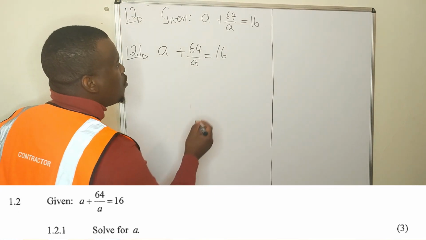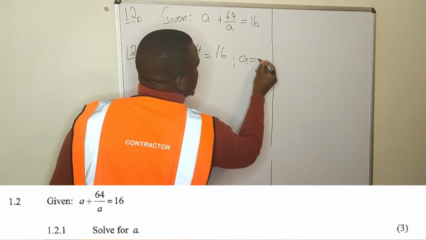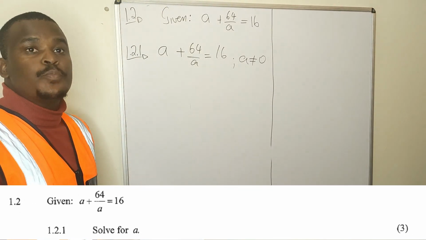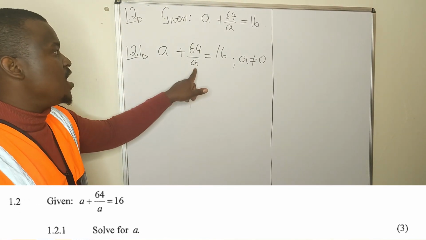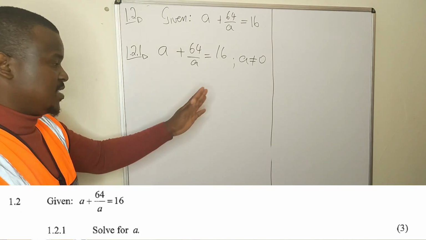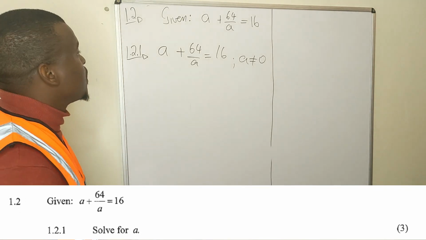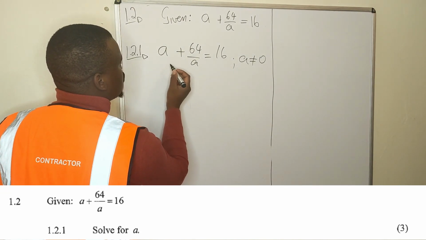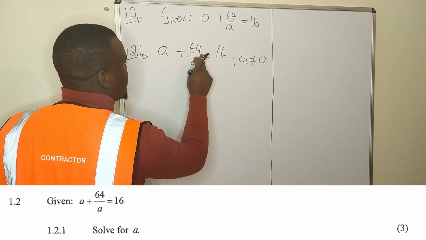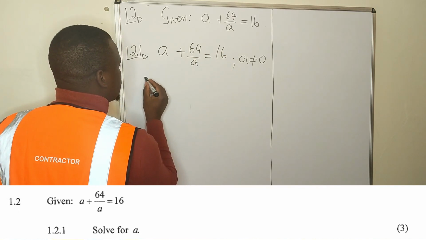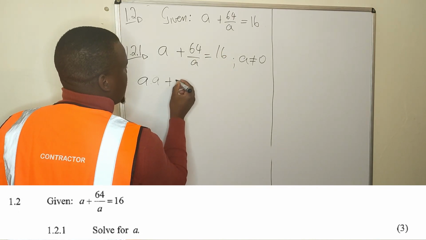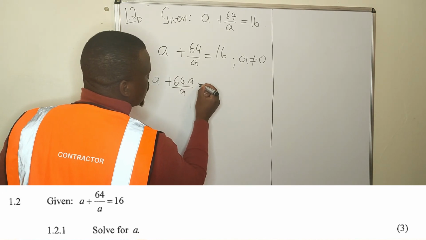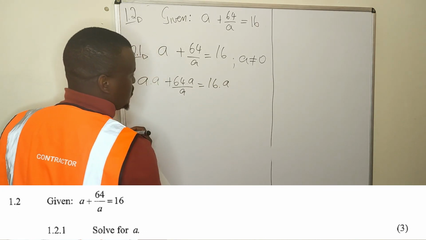You know that a should not be equal to 0, because this won't be a very nice equation. So a must not be equal to 0. First thing, restrictions are very important. What you do is multiply throughout by a. So we have a times a plus 64 times a over a is equal to 16 times a.